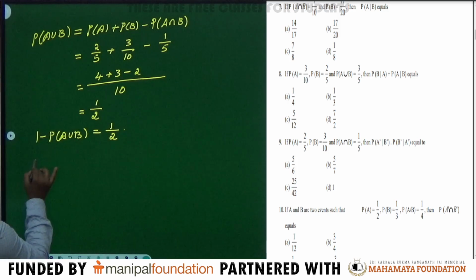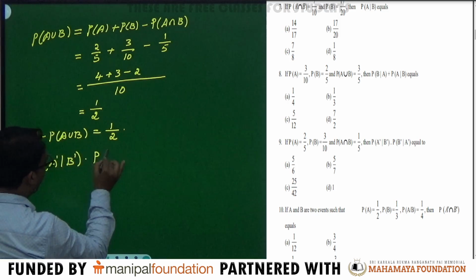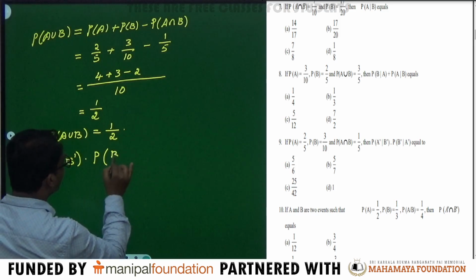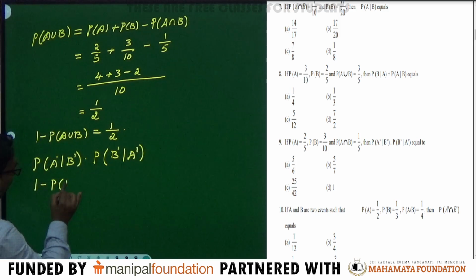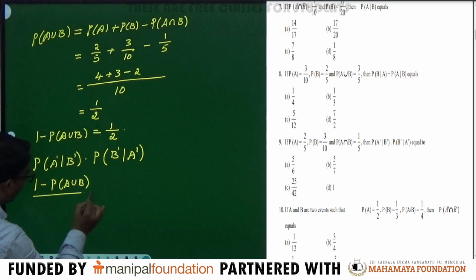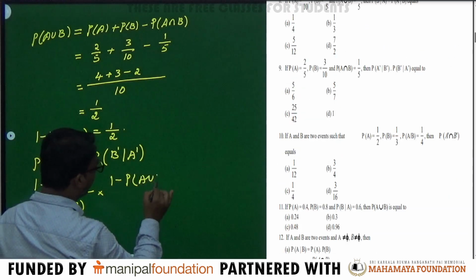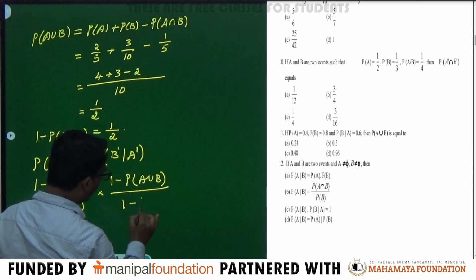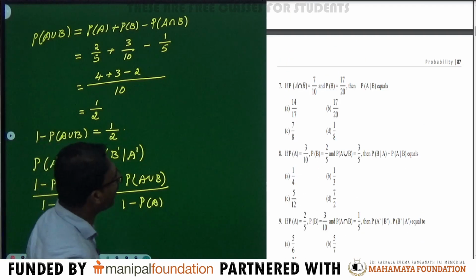Therefore, probability of A dash given B dash into probability of B dash given A dash is given by 1 minus probability of A union B upon 1 minus probability of B, into 1 minus probability of A union B upon 1 minus probability of A. So 1 minus P of A union B is what? 1 by 2, upon P of B value is 3 by 10.